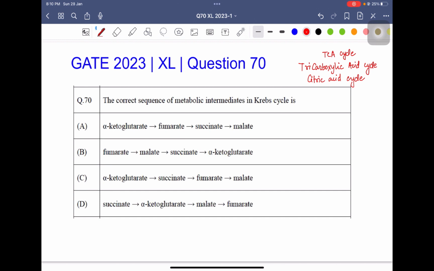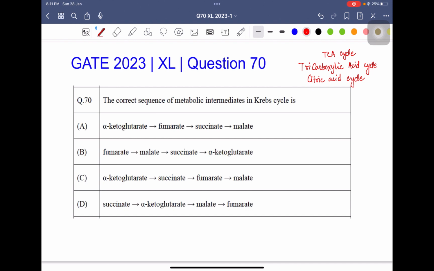Krebs cycle only occurs inside the mitochondria, when glucose is being metabolized aerobically. So it's a part of aerobic respiration.